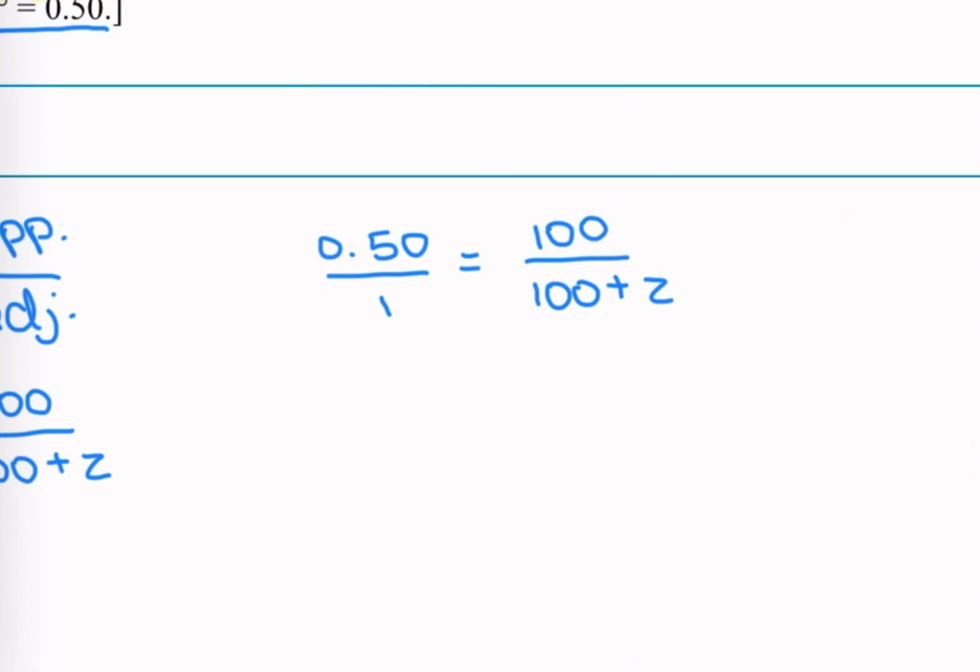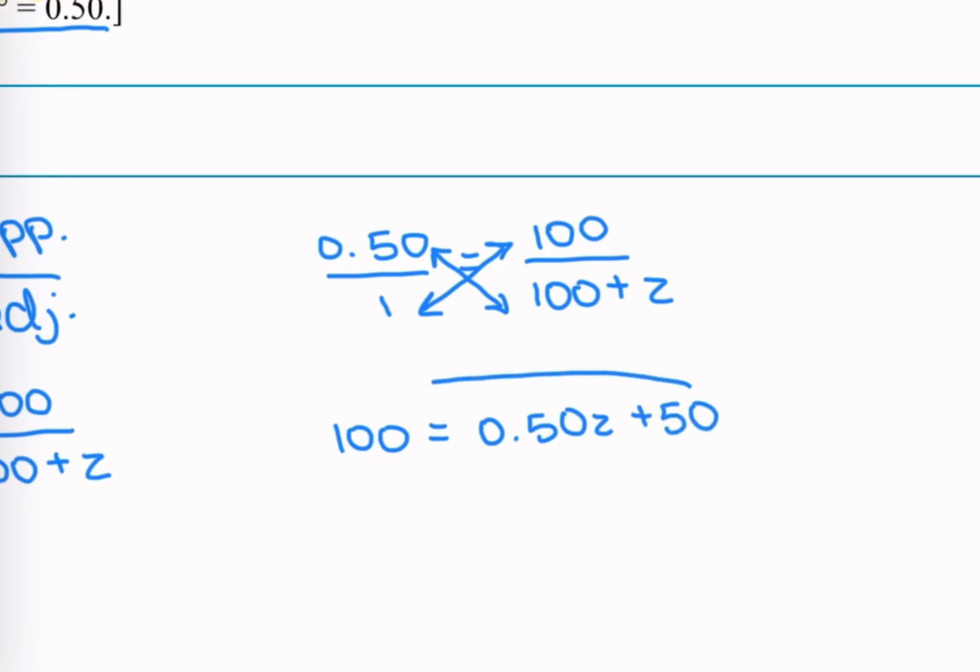Now we can solve for z. Cross multiply. It's gonna be 100 is equal to 0.50 z plus 50.